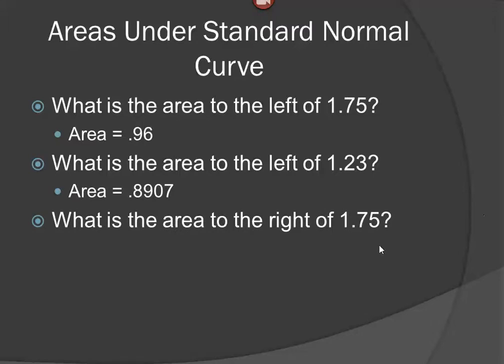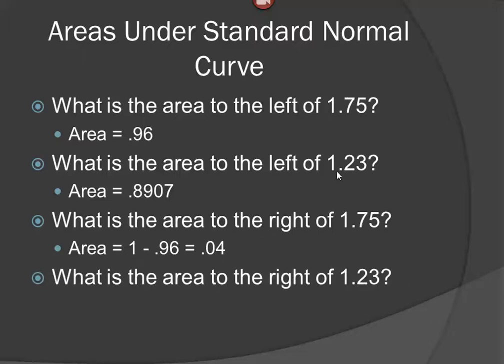Well, we can take our answer up here and simply take its complement. The area to the right of positive 1.75 will be the complement of whatever the area is to the left, 0.96. So that would leave me with about 0.04.